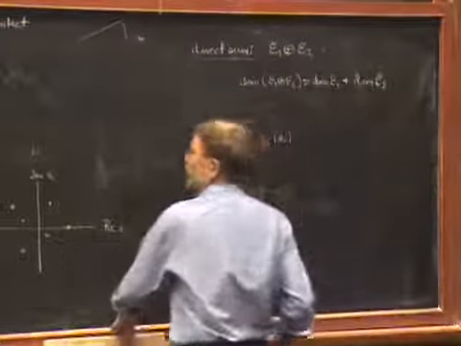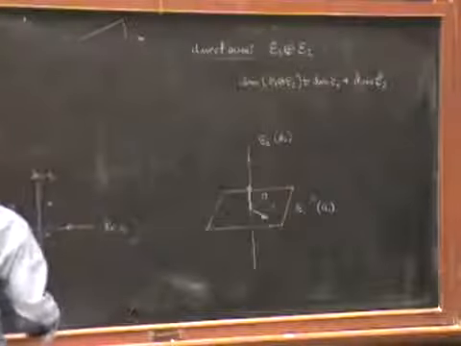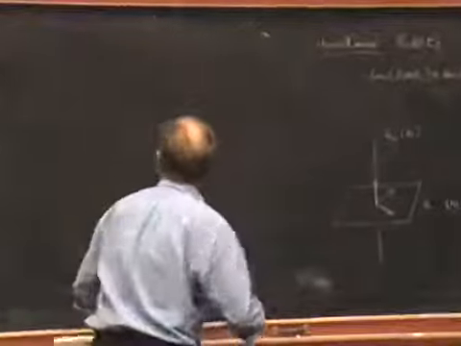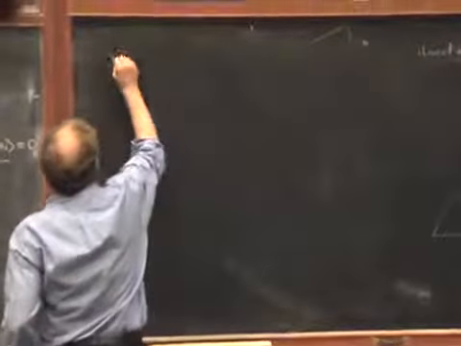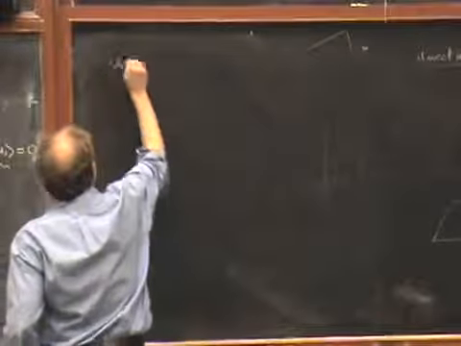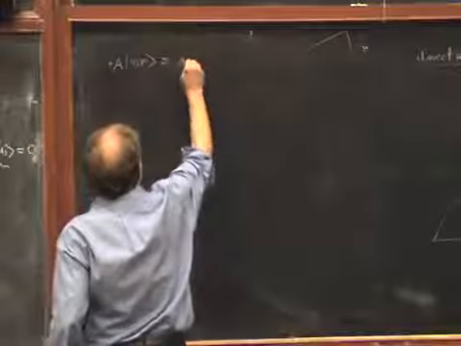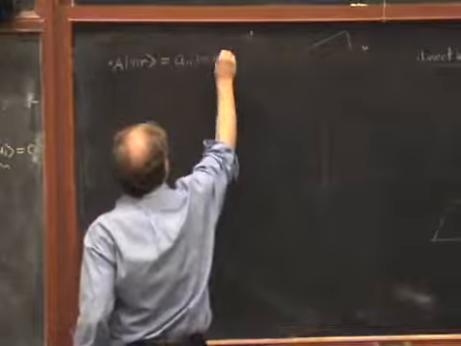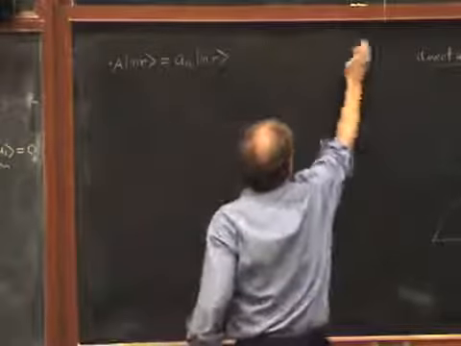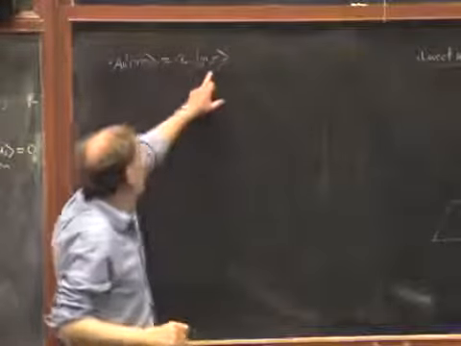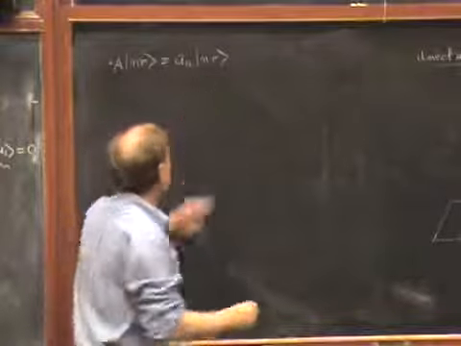Here's some notation for this, talking about orthonormal eigenbases. Let's suppose that A acts on ket nr and brings out an eigenvalue a_n times ket nr. Now the r here is an index that we introduce to resolve degeneracies.